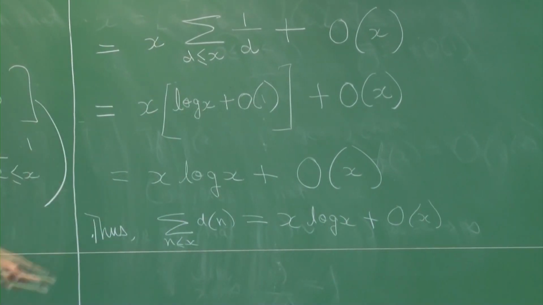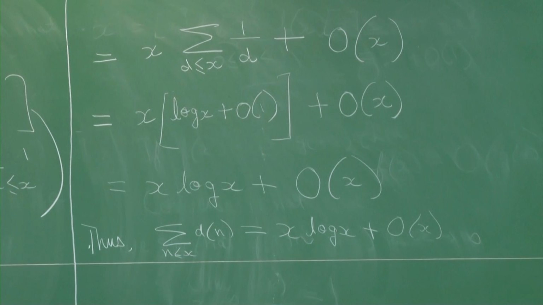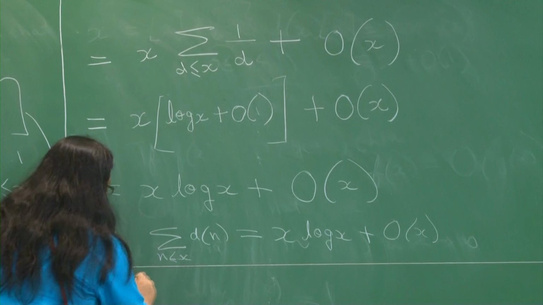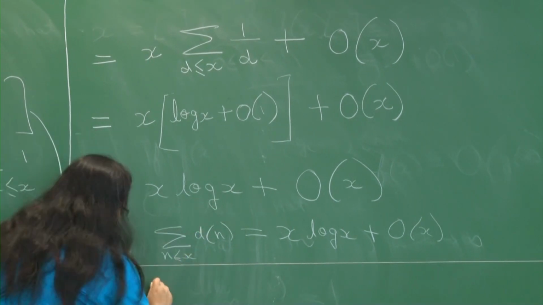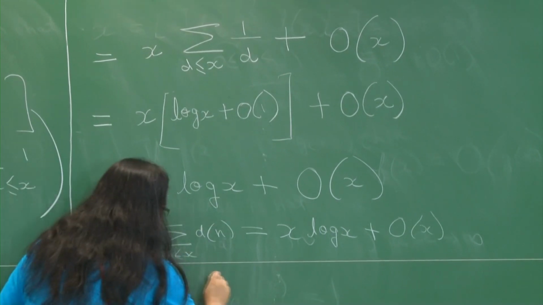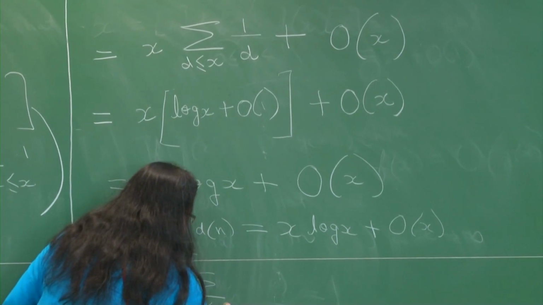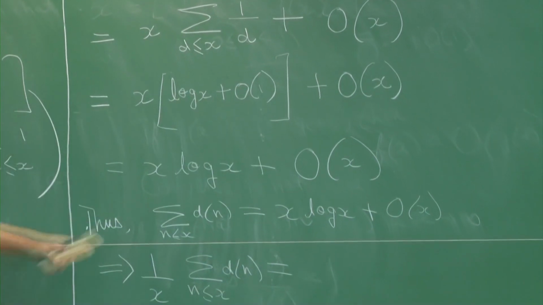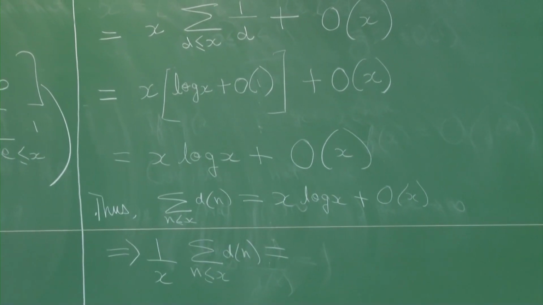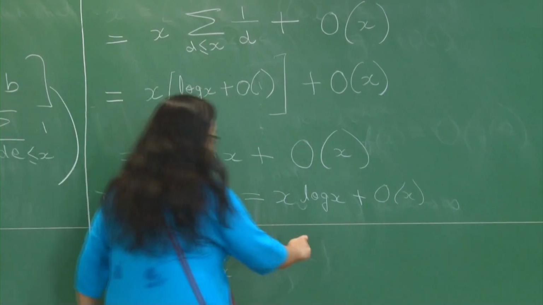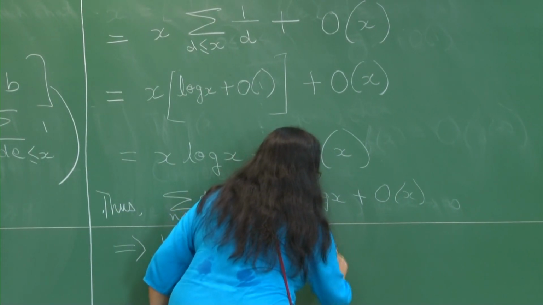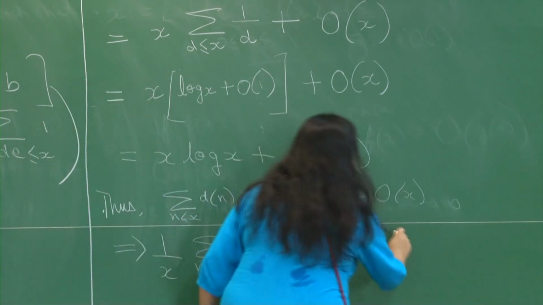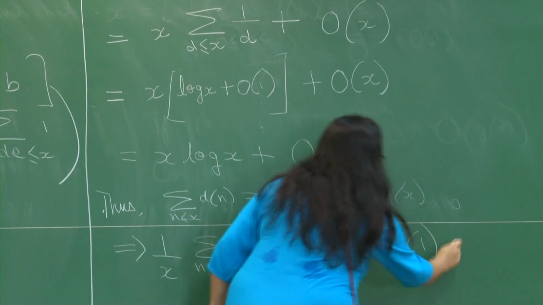And therefore, if I were to ask you to tell me what is the mean value or the average value of d of n up to x, what you will say is that 1 over x summation n less than or equal to x d of n, even if you can't give me the exact value, you will say that it is log x plus or minus something small. So, O of 1.